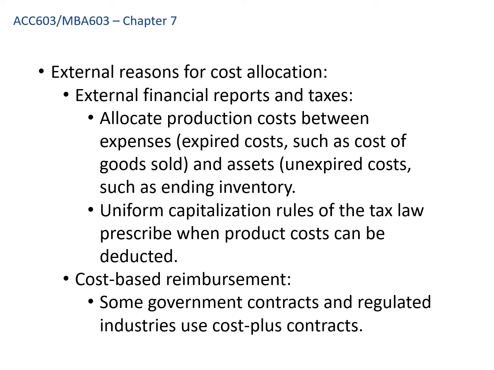We also might be in a business that has cost-based reimbursement contracts. So defense contractors, Boeing as an example, has cost-based reimbursement contracts with the Defense Department. Public utilities, healthcare providers have cost-based reimbursements, so they can have strong incentives around how much of the president's salary do I allocate.